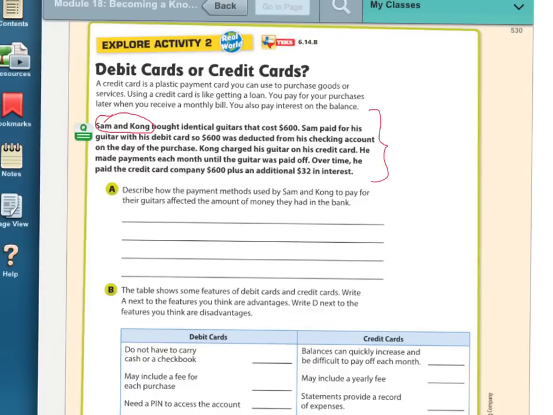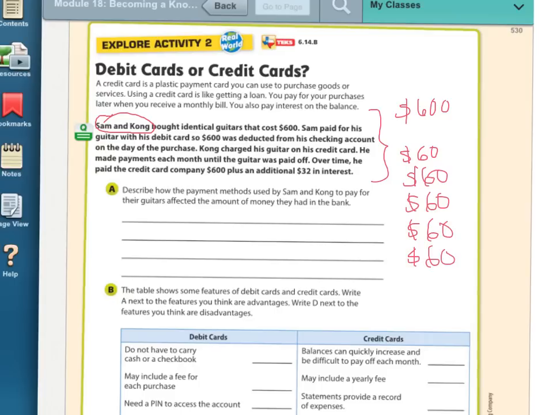And who do you think, like, how would you do it? If you could pay $600 right away or pay a little bit at a time, like maybe $60 every month, that would be for like 10 months, right? 60 times 10.